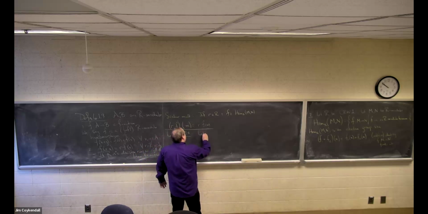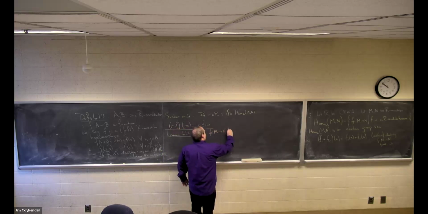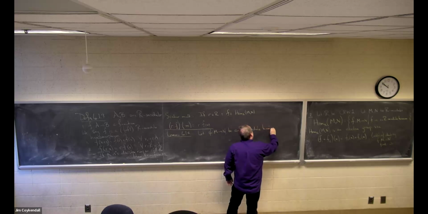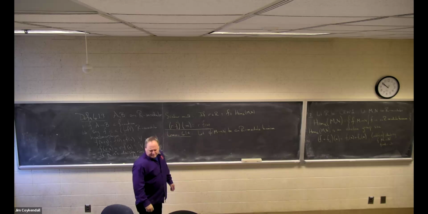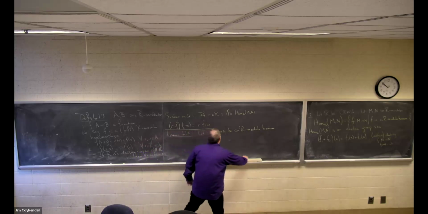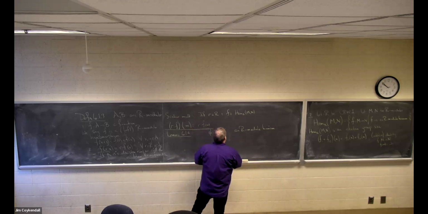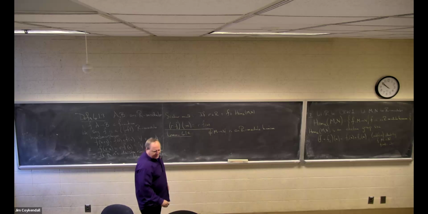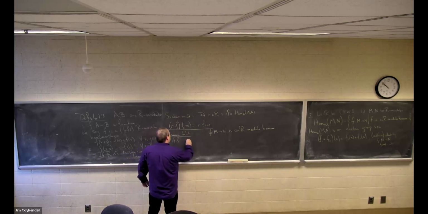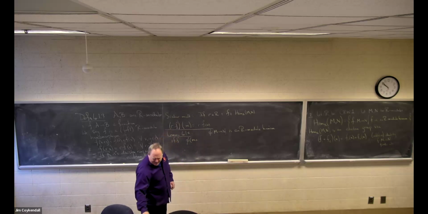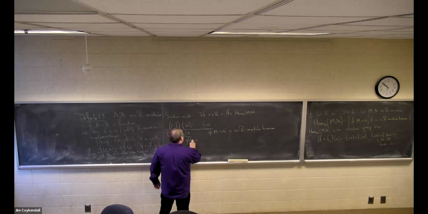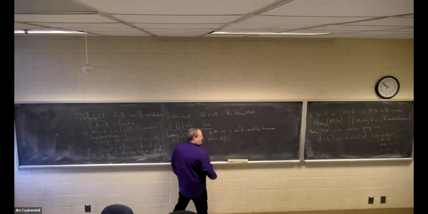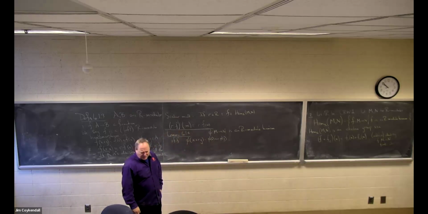A map phi from M to N is an R module homomorphism if and only if phi of x plus r y can be written this way for all x, y in M and r in R.